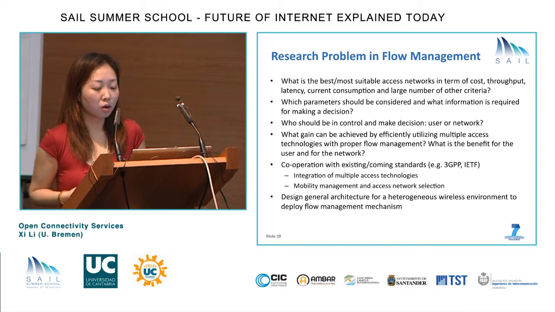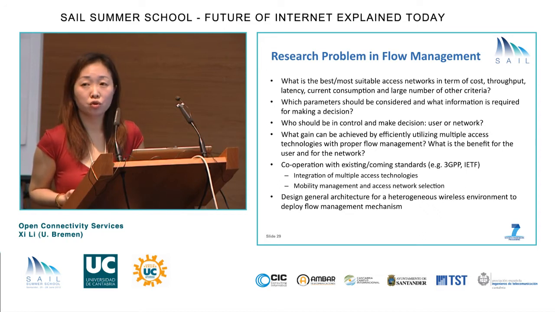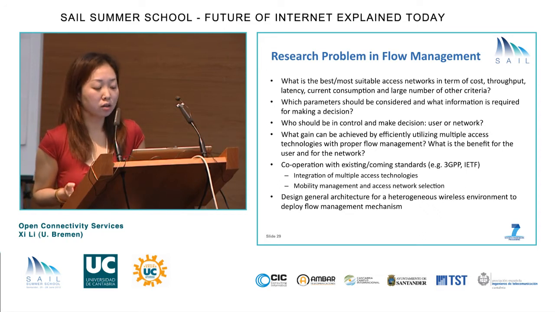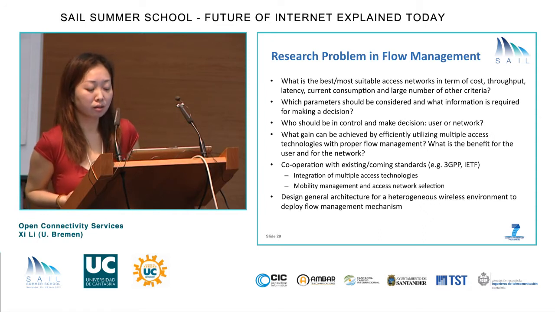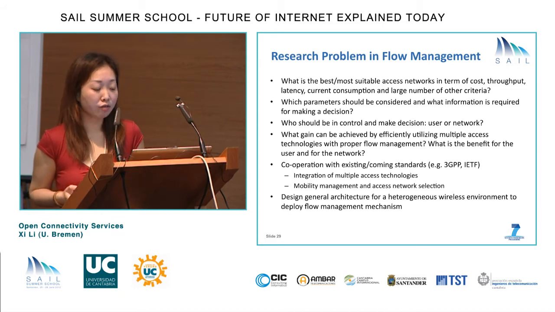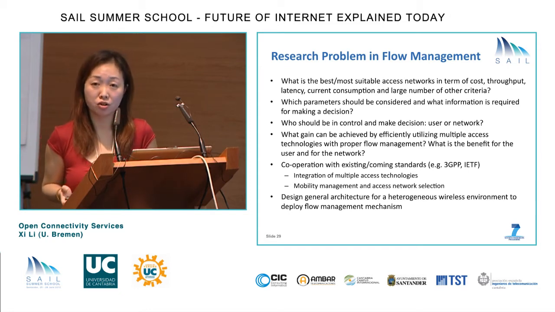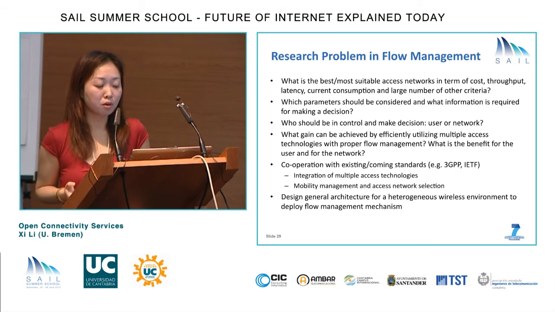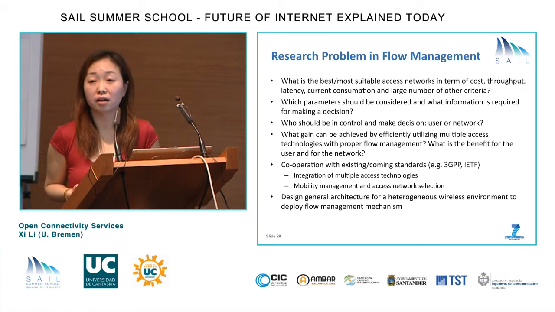In addition, when we design a flow management mechanism, we also need to pay attention to the work of the relevant standardization bodies. For example, 3GPP or IETF are also making efforts on flow management in terms of how to integrate different access technologies, how to provide mobility management, and how to select access networks.